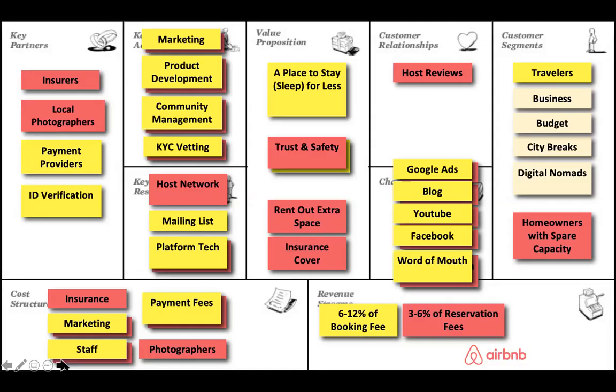And we're going to have the homeowners, which is our second segment, homeowners with spare capacity, who will be providing the place to stay. In order to make them do that, however, we need to solve some of their problems. Today, they don't do this because, one, it's difficult to find travelers. It takes time, it takes effort, it takes money.